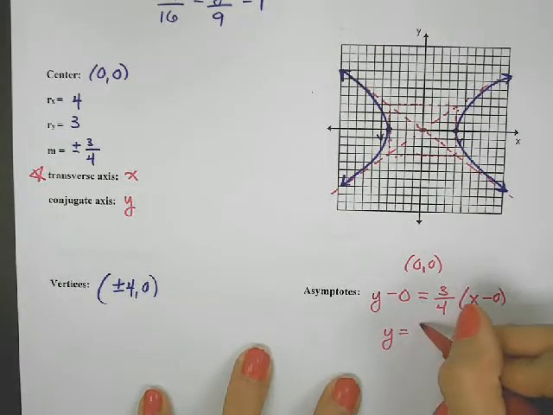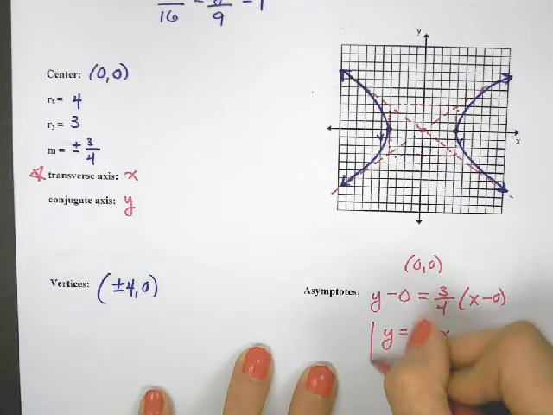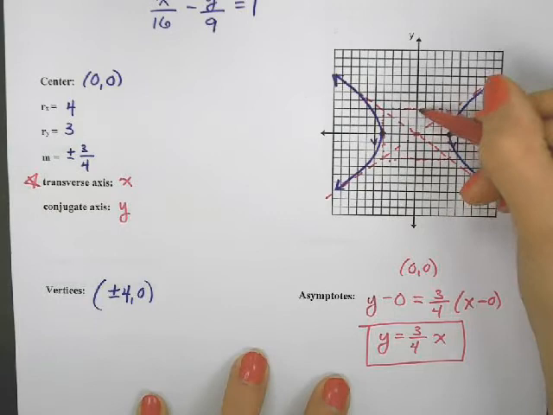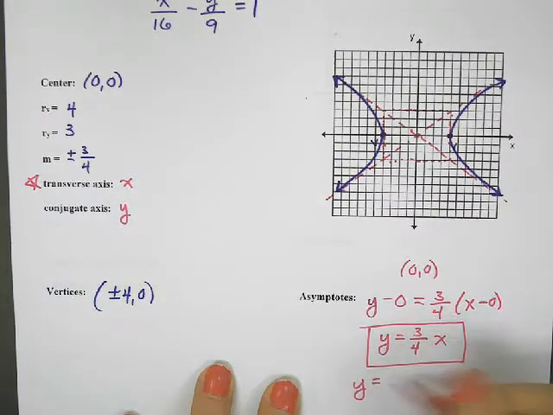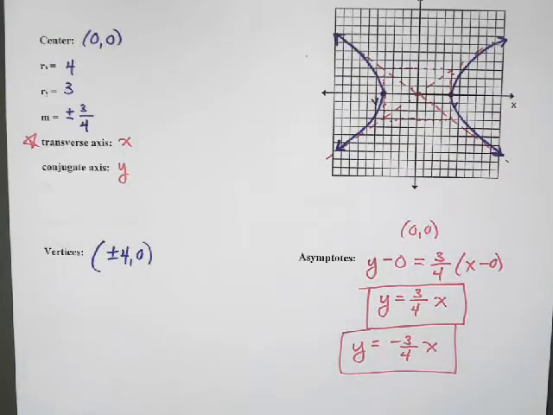So I've got y equals 3/4 x and no b value, or b value of 0. Does this look right? Up 3/4. Yes, that's good. And then the other one is going to be negative 3/4 x, because you're going to use the 0, 0 point again. These asymptotes were really easy because they were on the center.